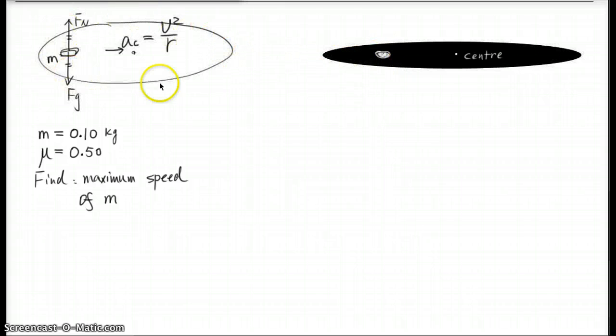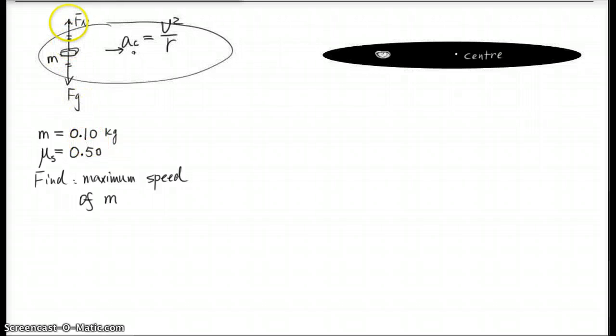Let's look at this simplified graph, and I can draw a free body diagram on it. This is an eraser with mass m equals 0.10 kg, and mu is the static friction coefficient of friction between the eraser and the plate.